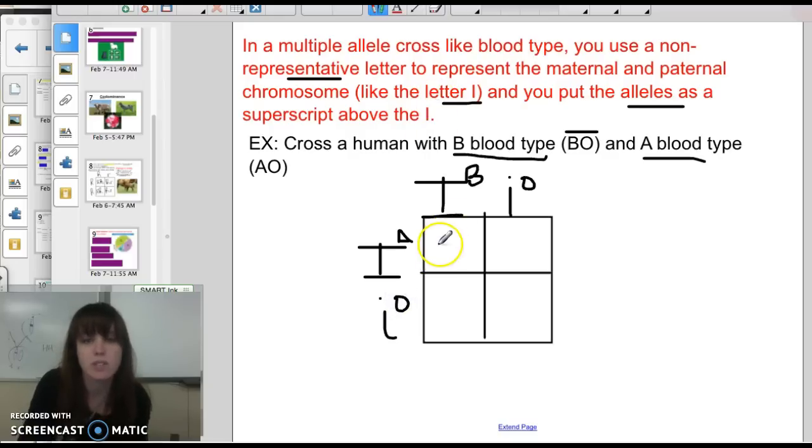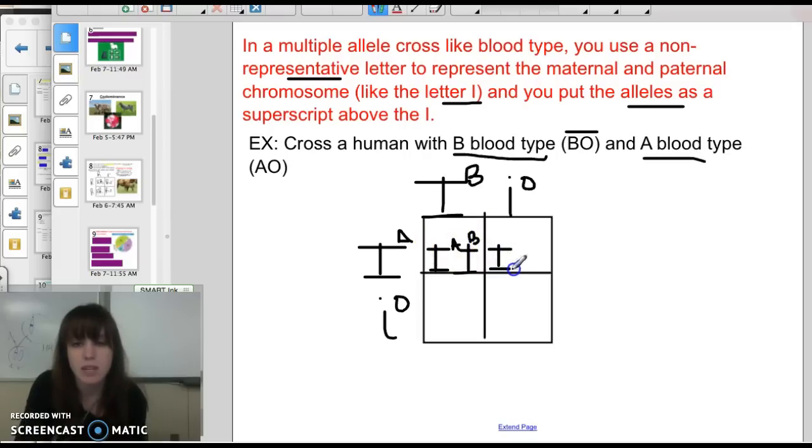Okay, so then you'd fill this in kind of like you do with a normal Punnett square. So this offspring is going to inherit an A from dad, and then a B from mom. So this person's blood type is AB, since they're both dominant. Also, this person inherits an A from the dad and a recessive O from the mom.